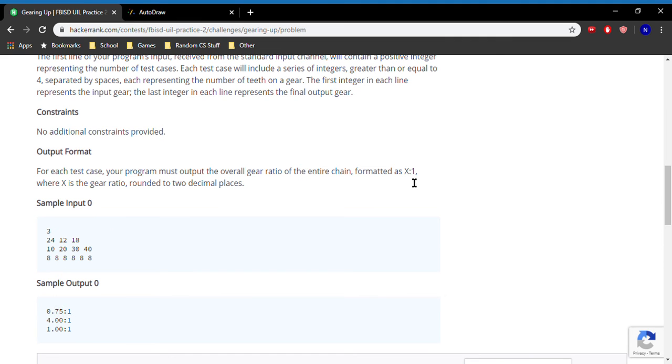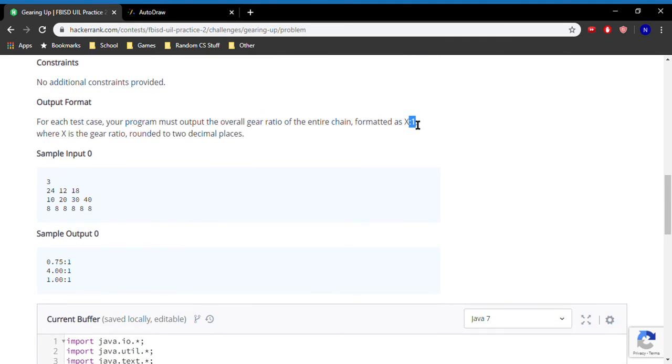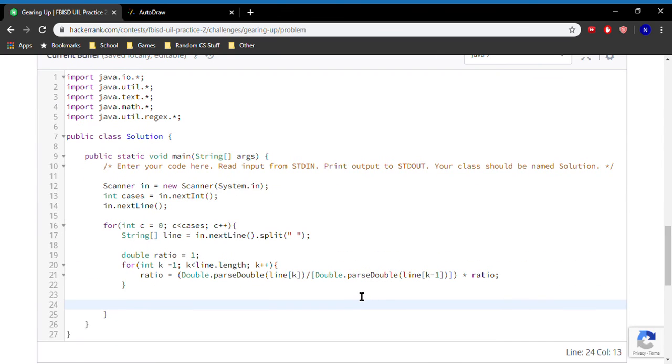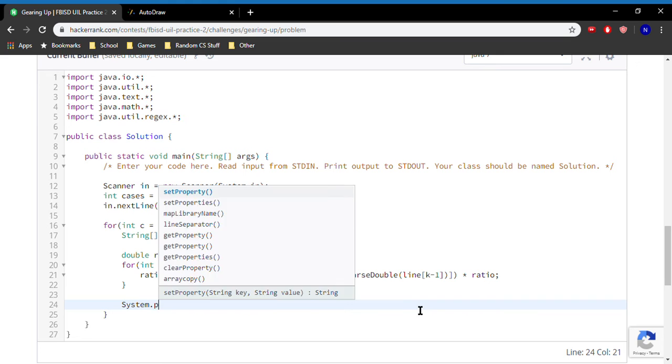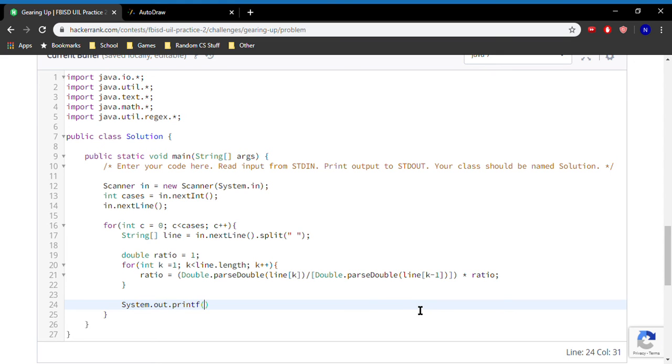Okay, and then all we have to remember is it wants us to format it to 2 decimals, and then add this :1 to show that it's a ratio. So we can use print formatting. So System.out.printf. I know we all love this from UIL, right? %.2f with ratio.